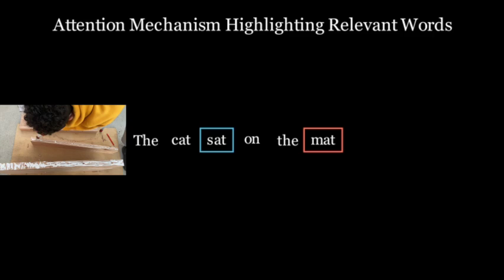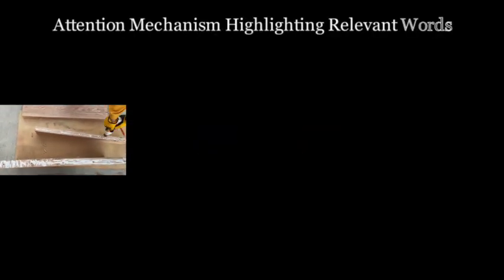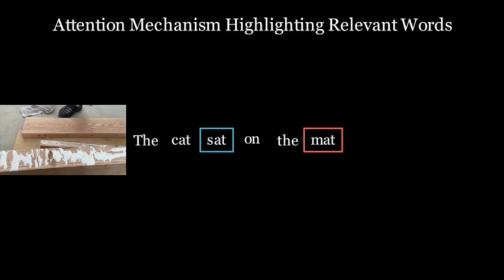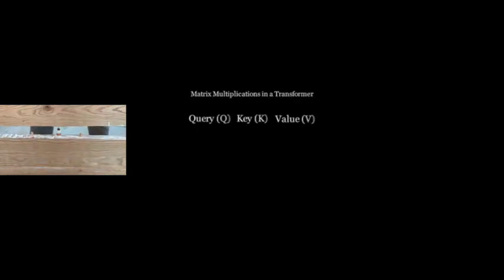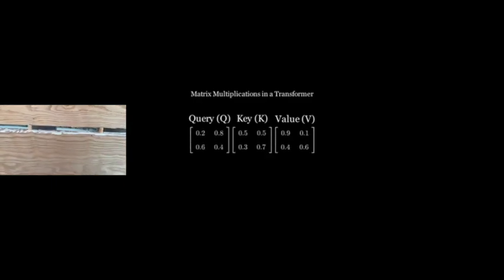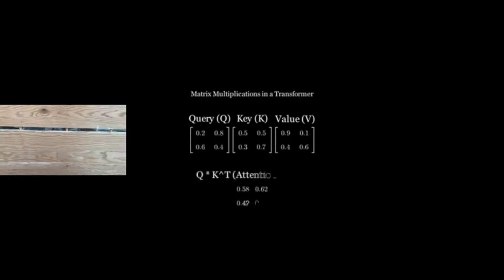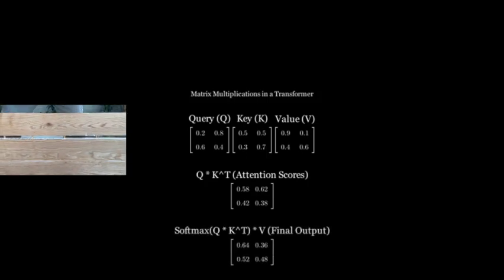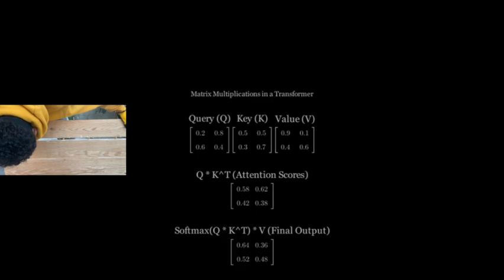The multi-layer perceptrons, or feed-forward layers, refine the information even further. Most of this computation boils down to matrix multiplications. GPT-3, for example, has 175 billion parameters spread across nearly 28,000 matrices.